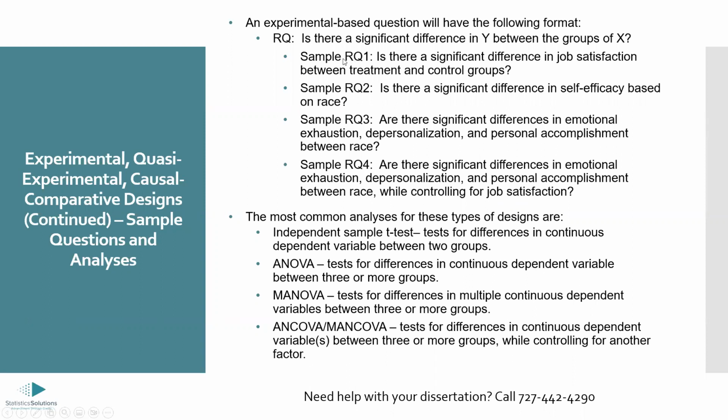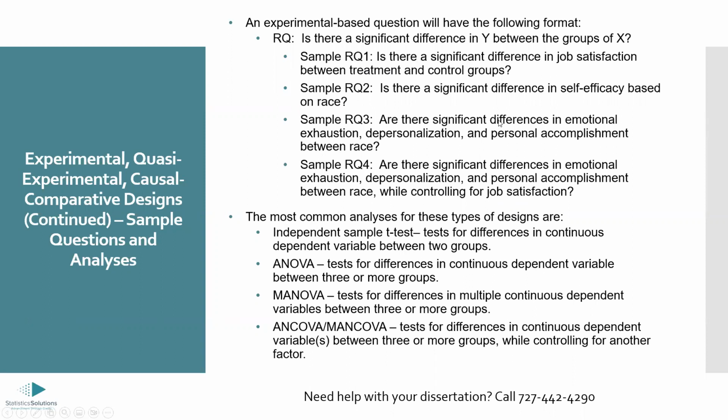Each of these research questions ties directly to the bullet point below for analysis approach. The first question, we only have two groups that we're comparing, treatment and control, and we have one dependent variable of job satisfaction. You would do an independent sample t-test for this.